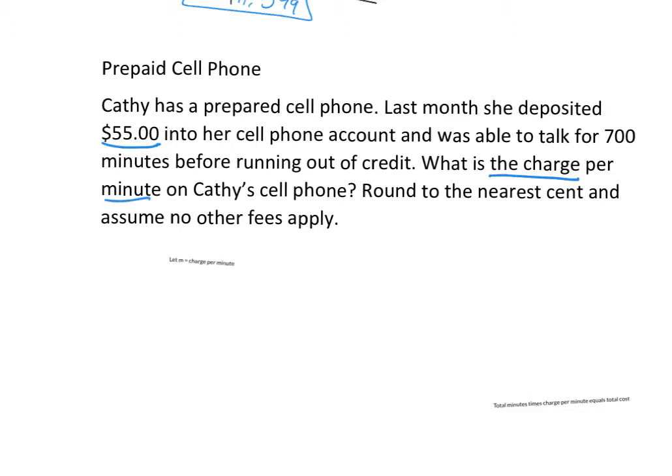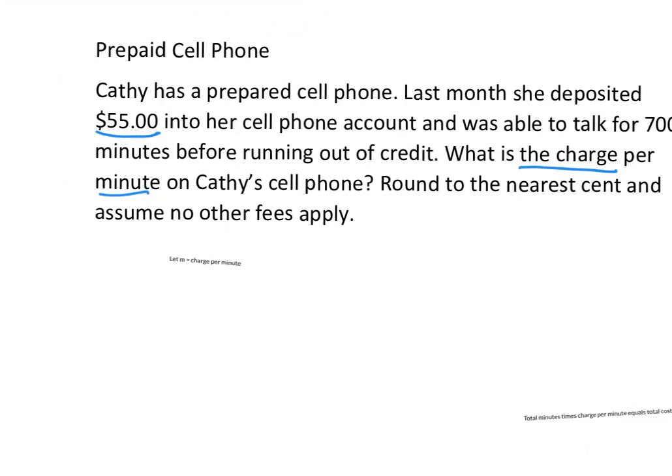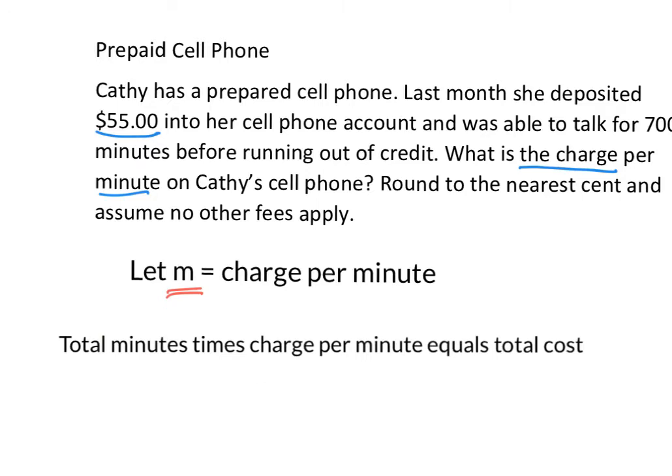So first, let M be the charge per minute here. Let's name M as the charge per minute. And we get this statement that the total time times the charge per minute equals the total cost, right?